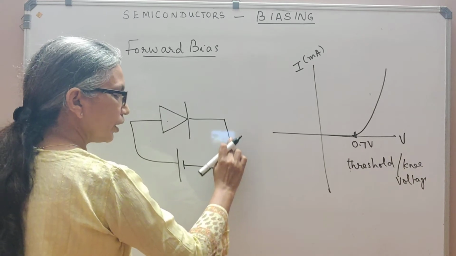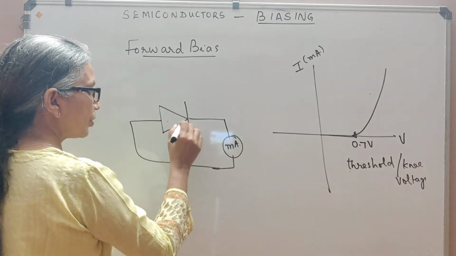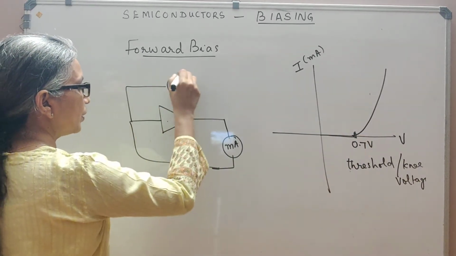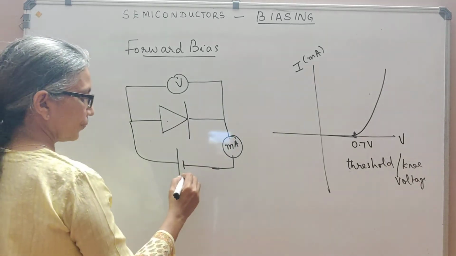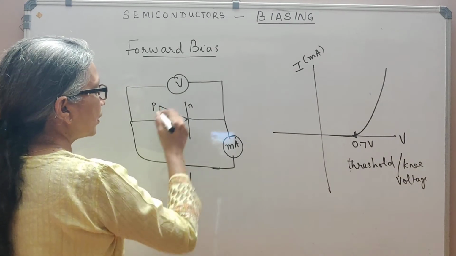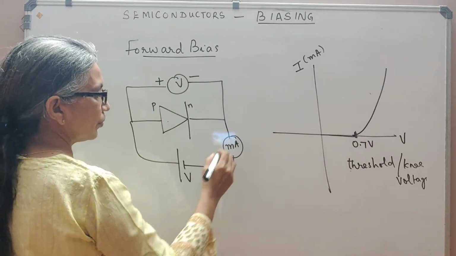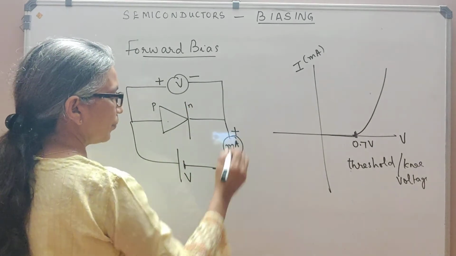To measure the current, in series we need a milliammeter. To measure the voltage across the junction, we connect a voltmeter in parallel to this junction. So this is V, this is the N, and this is the P. This is a positive terminal, and this is a negative terminal.